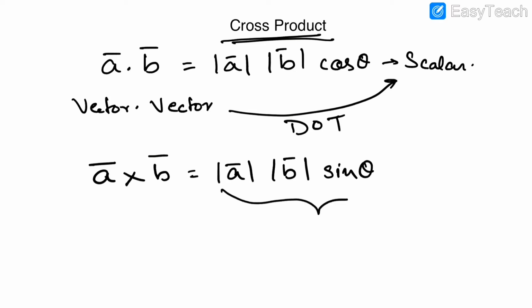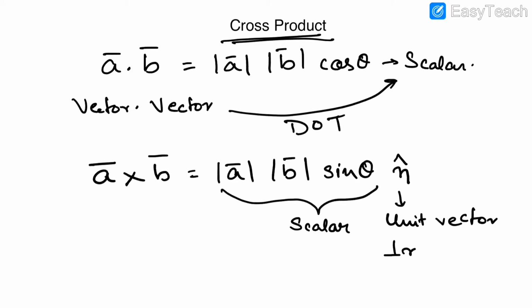So right now whatever we have written is a scalar quantity. So it also has one n cap. What is this n cap? It is the unit vector perpendicular to both a cap and b cap.